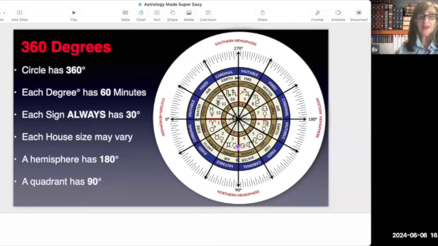And here's the symbol. The fifth sign is Leo, ruled by the sun symbol. And here's the symbol for Leo, fixed fire sign. And then we have Virgo, a mutable earth sign. The symbol here looks like an M with a curl on it. And it's ruled by Mercury.